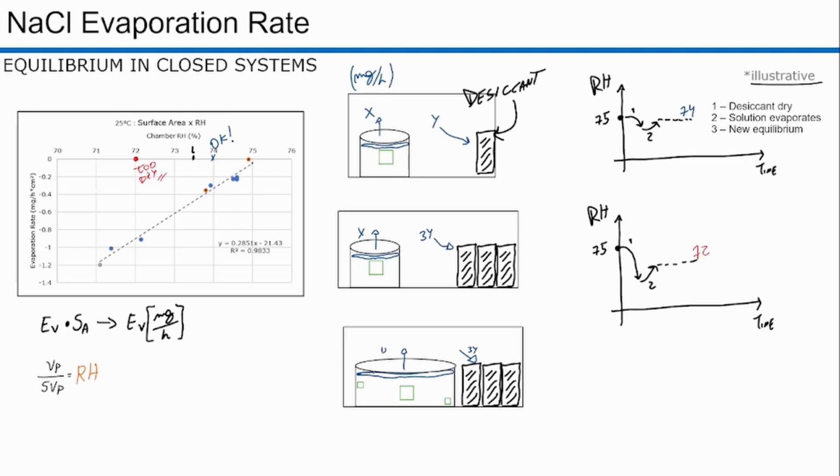But if you have the same crystal, the same amount of desiccant, but now a surface area 4 times bigger, you will have 4 times more water coming out for the same evaporation rate. If you check how things should happen, then you will start from the equilibrium and will start to fall down the relative humidity, but your solution will start to evaporate.